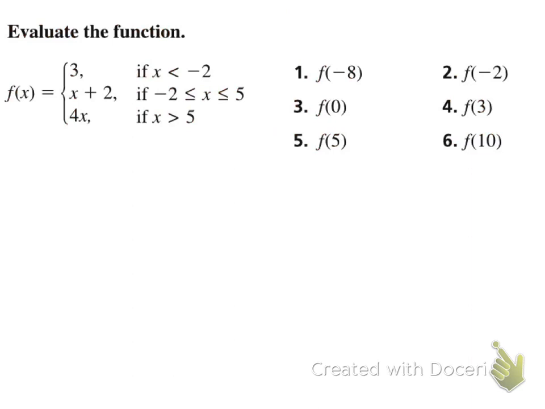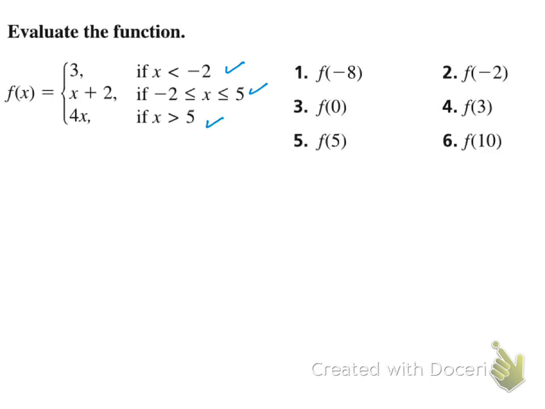So now when they give us all these, like 1 through 6 here, which function would I use for number 1? Which domain restriction does it fit in? Julia, does it fit in the first one, the second one, or the third domain restriction?